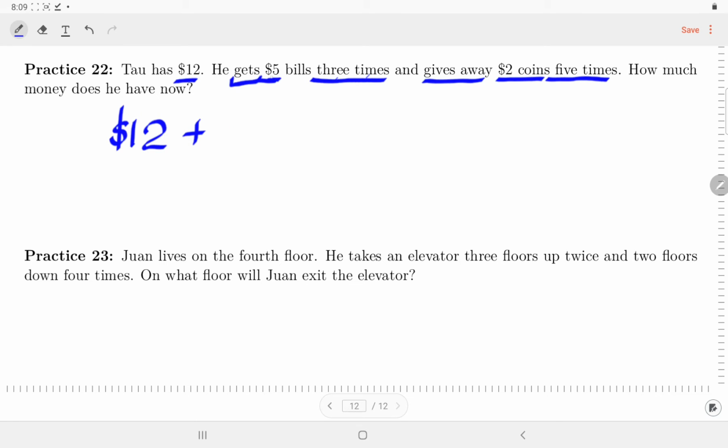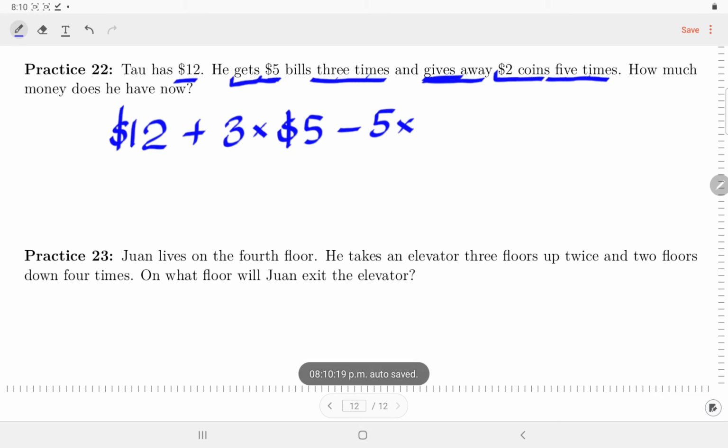We can say $5 bills times 3 or 3 times $5. Now he gives away, that's minus, $2 coins 5 times. 5 times $2 coins.